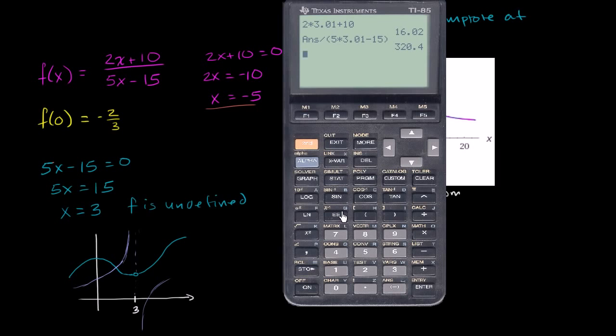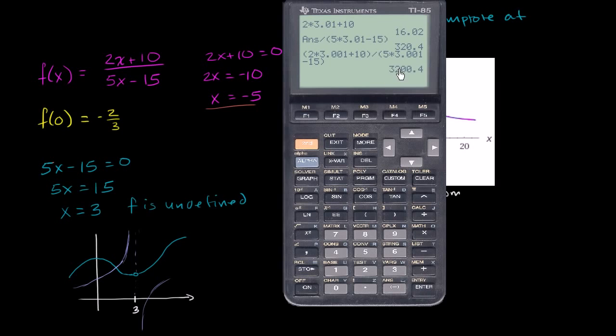And if we get even closer, so if we did 2 times 3.001 plus 10 divided by 5 times 3.001 minus 15, so now I'm trying x equal to 3.001.